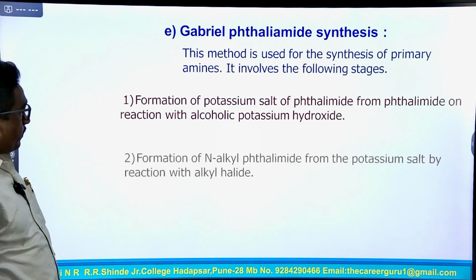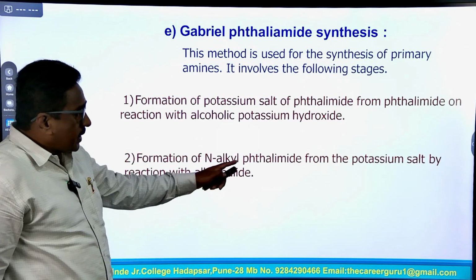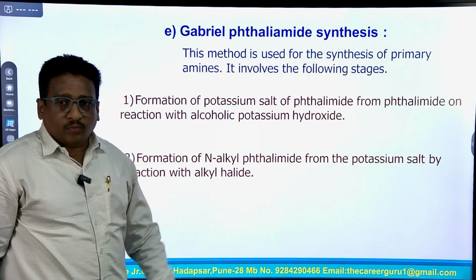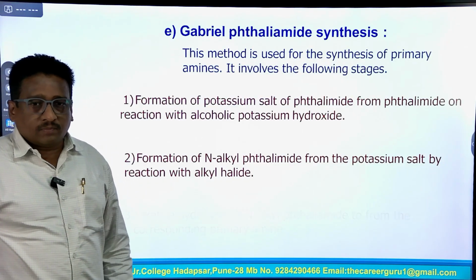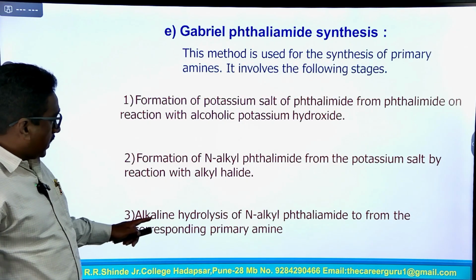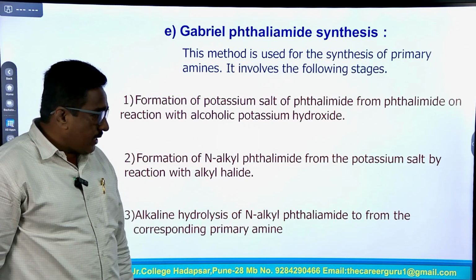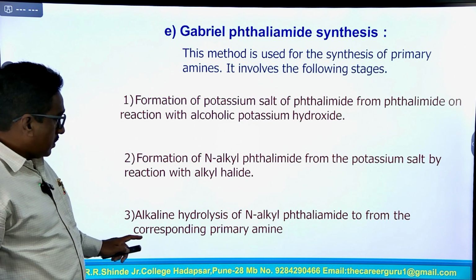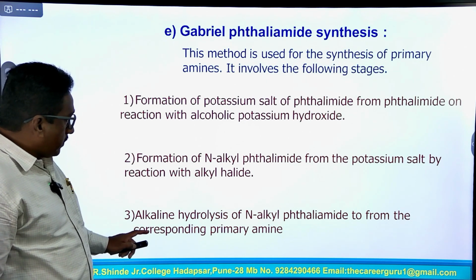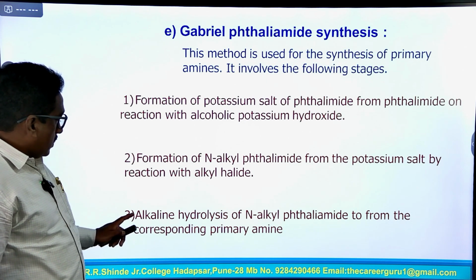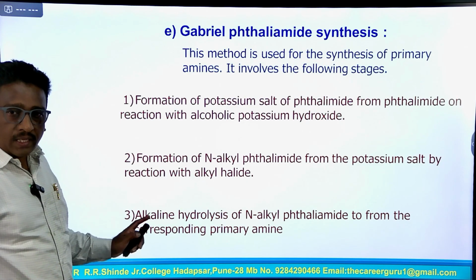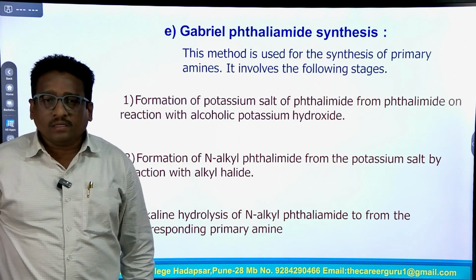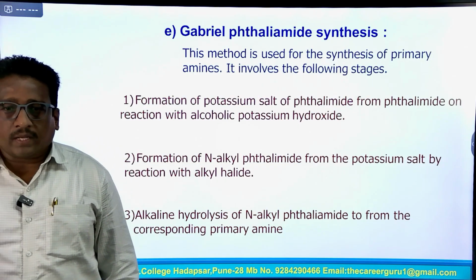Second step, the formation of N-alkyl phthalimide from the potassium salt by reaction with alkyl halide. And number 3, alkaline hydrolysis of N-alkyl phthalimide to form the corresponding primary amines.